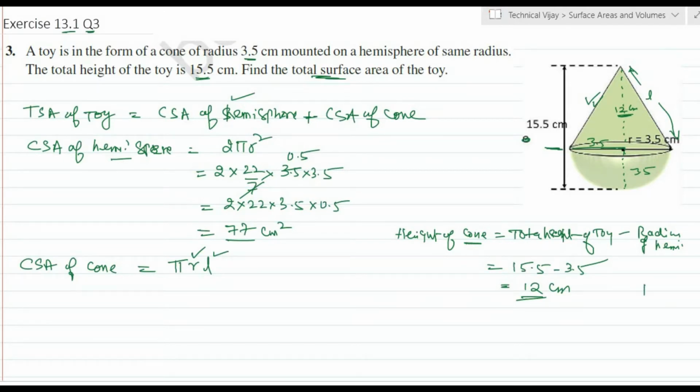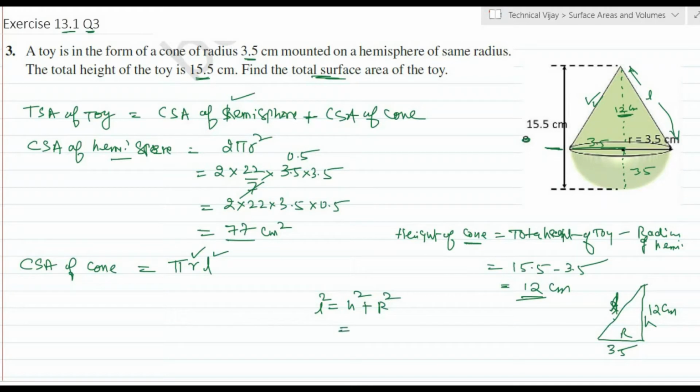This is the half portion of the cone. Here we have 12 centimeter and 3.5 centimeter, and we have to calculate this l. This is the height and this is the radius. So l square is equal to h square plus r square.